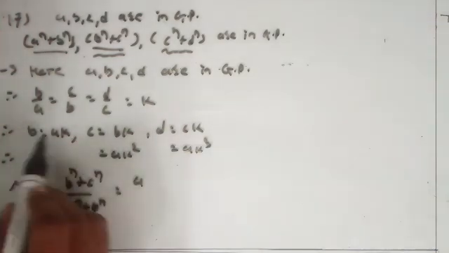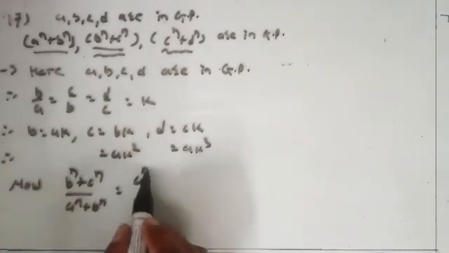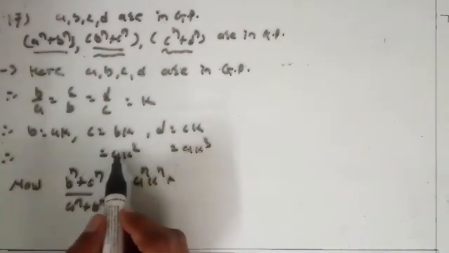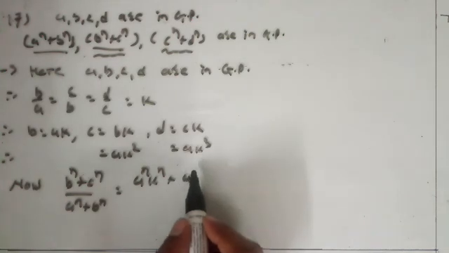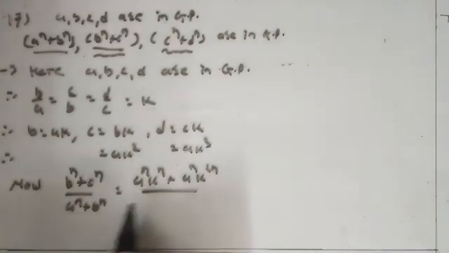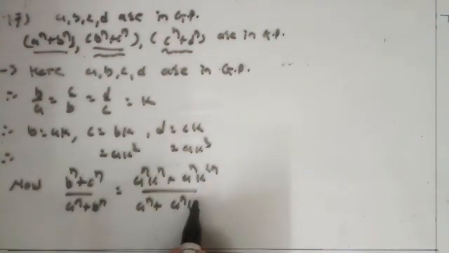Here b is equal to ak, so a raised to n k raised to n, plus c is equal to ak square, so a raised to n k raised to 2n, upon a raised to n plus b, which is ak, so a raised to n k raised to n.